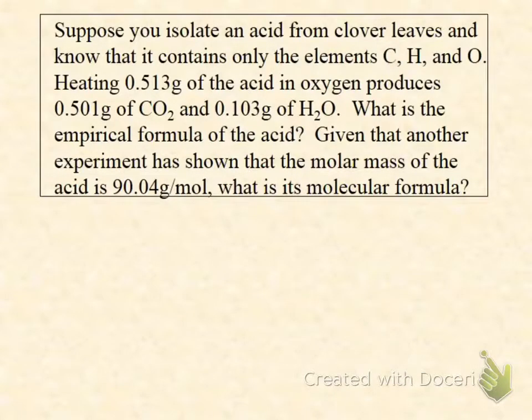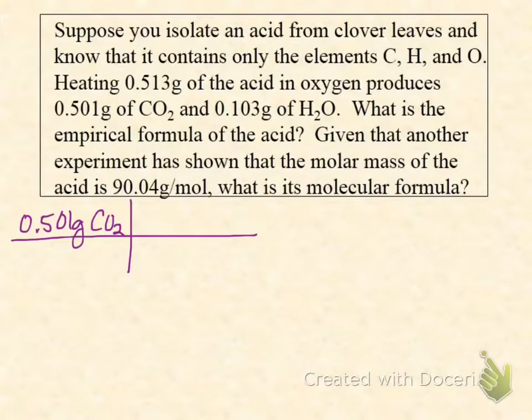So we're going to take the CO2 first, and we're going to say 0.501 grams of CO2. I want to get that to moles, so I'm going to divide by the molar mass of CO2, which is 44.01 grams per mole.